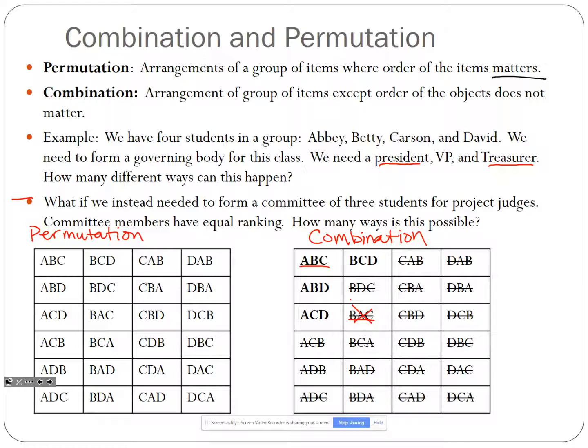It's a committee. It's not a different committee. Those same people are on the same one. We have Abby, Betty, and Carson on this one as well. And these all include David, so they wouldn't be repeating that as well. So what I've done here is I've crossed off all of the repeated committees, and we end up with just 4.